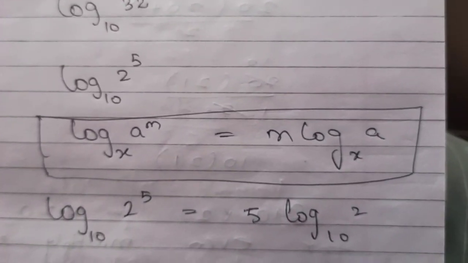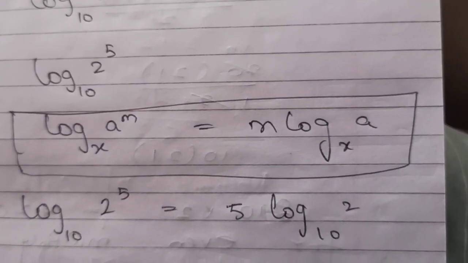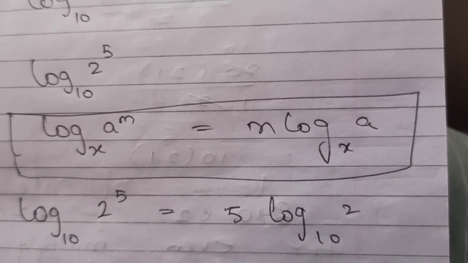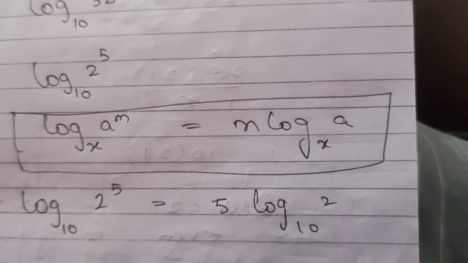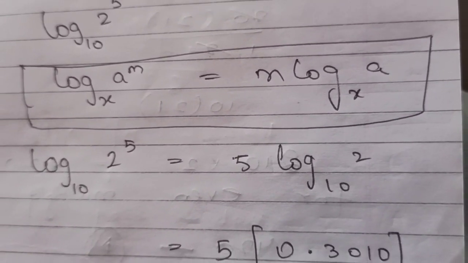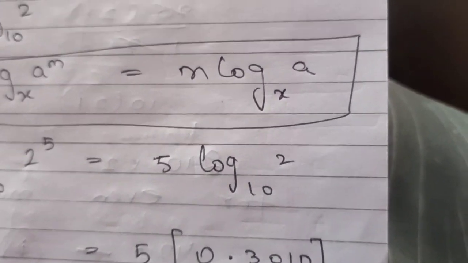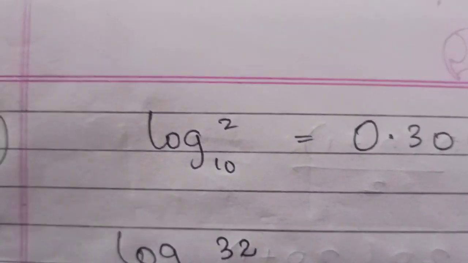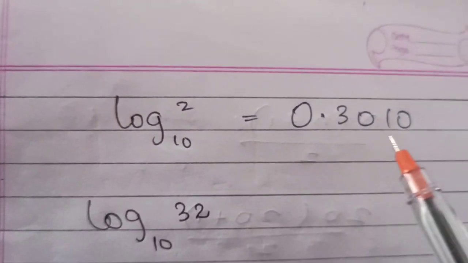So this is in the form of log base x of a to the power of m. Now substitute in the formula m log x a. After substituting, you will get 5 log base 10 of 2. Already in the question we have the value of log base 10 of 2, which is 0.3010.